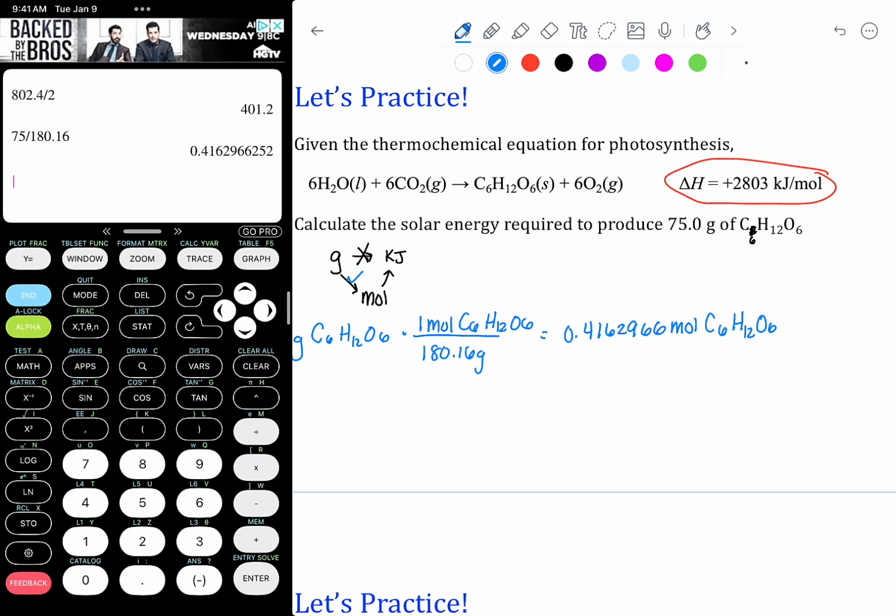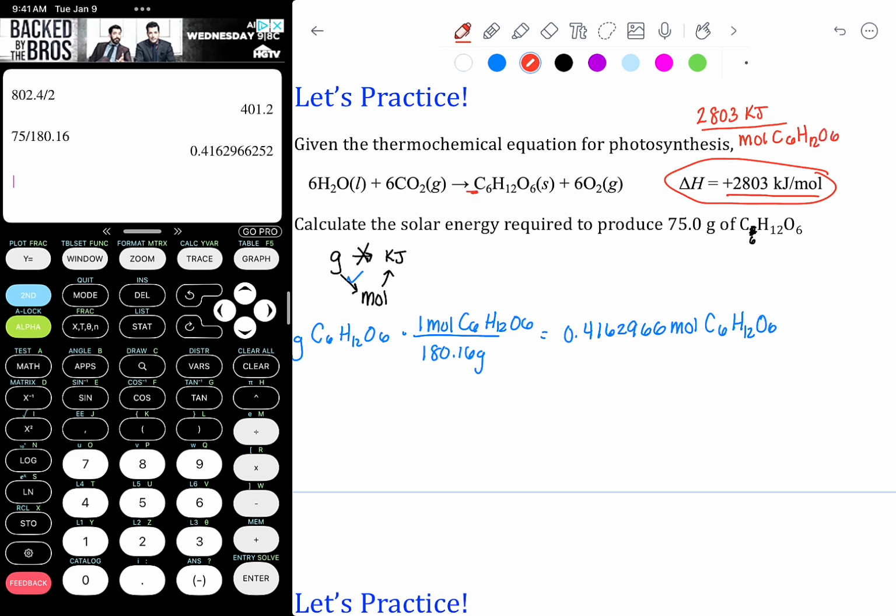Here's where writing it out is a little bit easier. So what we're going to do is take this delta H value, but instead of writing it per mole of reaction, we're going to say that this is 2,803 kilojoules per mole C6H12O6.